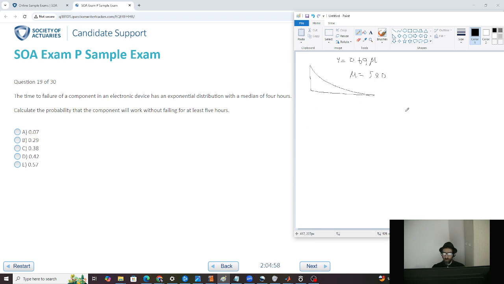So this will have a probability density function of some alpha times e to the negative 1 over 5.80x. A survival function, right? That's 1 minus the cumulative distribution of just regular e to the negative 1 over 5.80x. And you just plug in x equals 5.